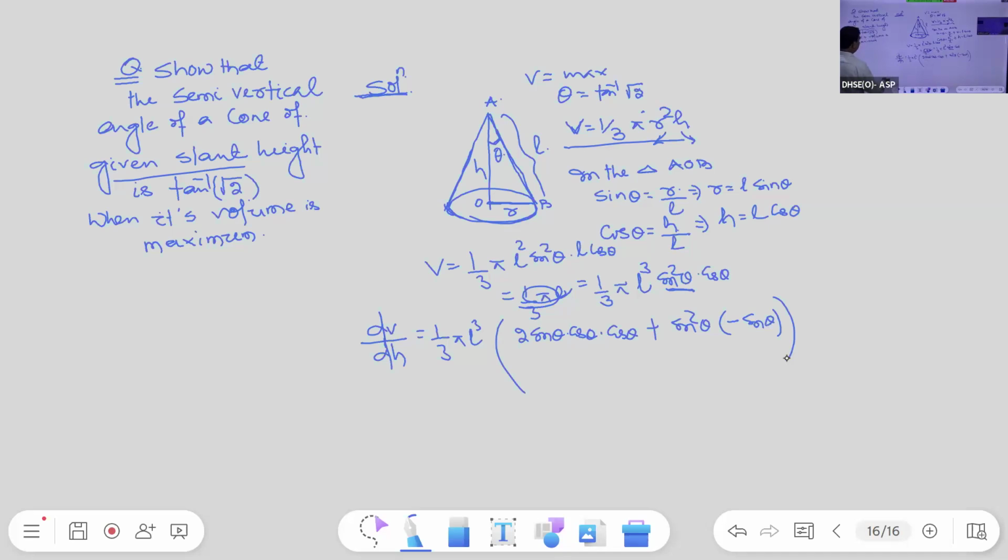So dV upon d theta equals 1 by 3 pi L cube sin theta into 2 cos square theta minus sin square theta.